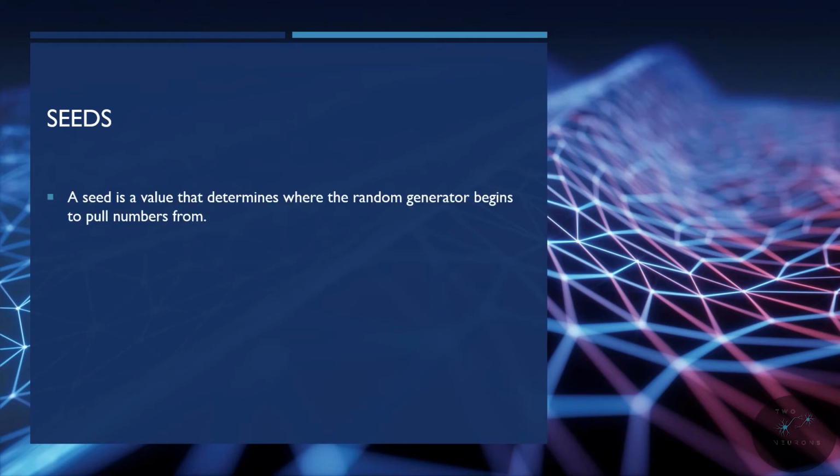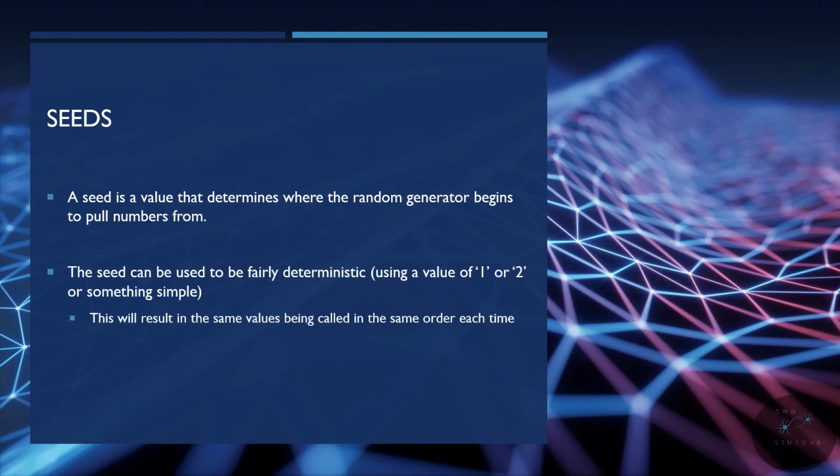A seed is a value that determines where the random number generator, or pseudo-random number generator, begins to pull numbers from. This can be fairly deterministic. Using a value of 1 or 2 or 666 will result in the same values being called in the same order each time. Don't worry if that doesn't make sense quite yet. I will go into more detail on this in a moment.